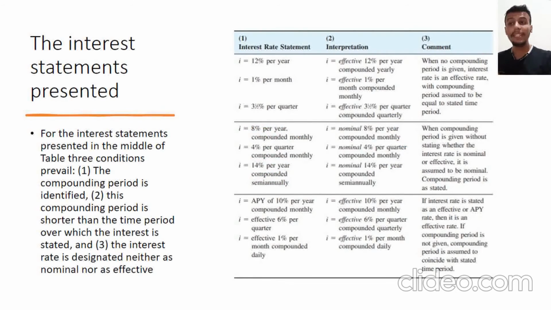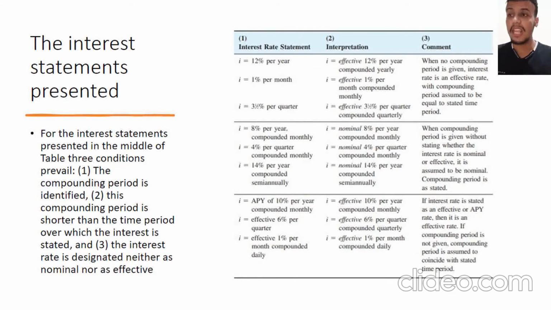For the interest statement presented, in the middle of the table, the 3 conditions are verified. If you look at the slide, you will find the table, and in this table there are 3 conditions. The first one: the compounding period is independent, meaning you have to select the time of the compounding period before you start.